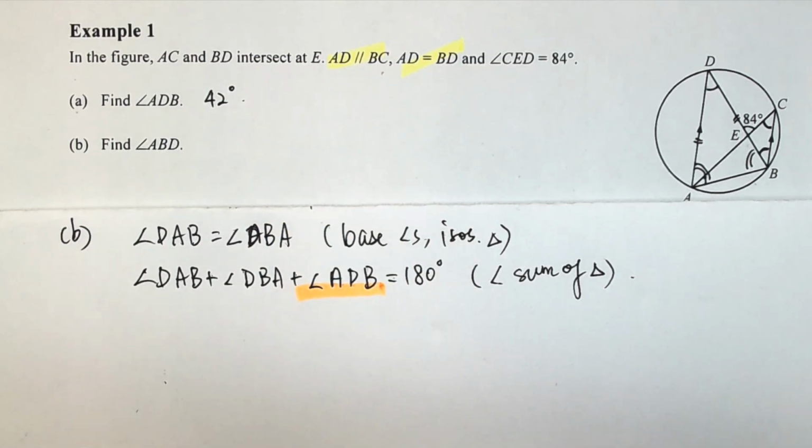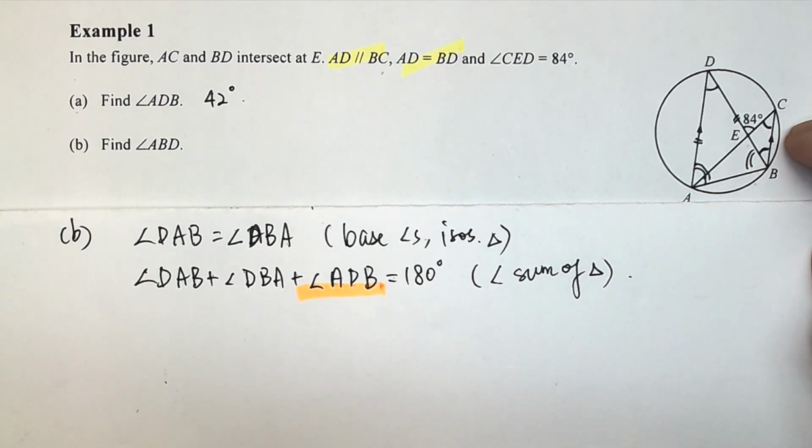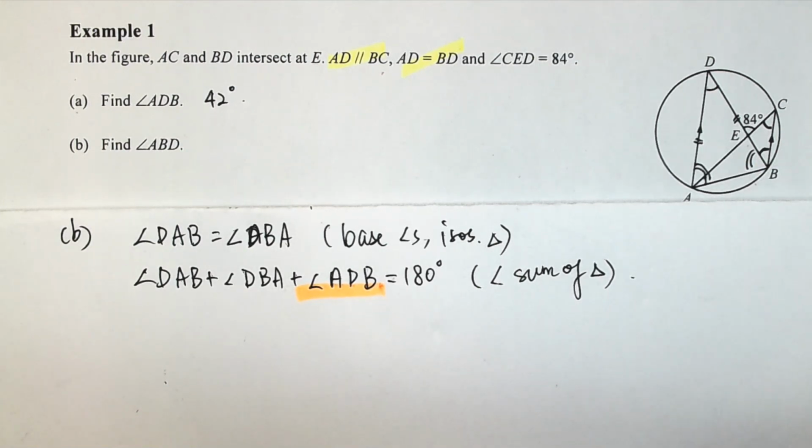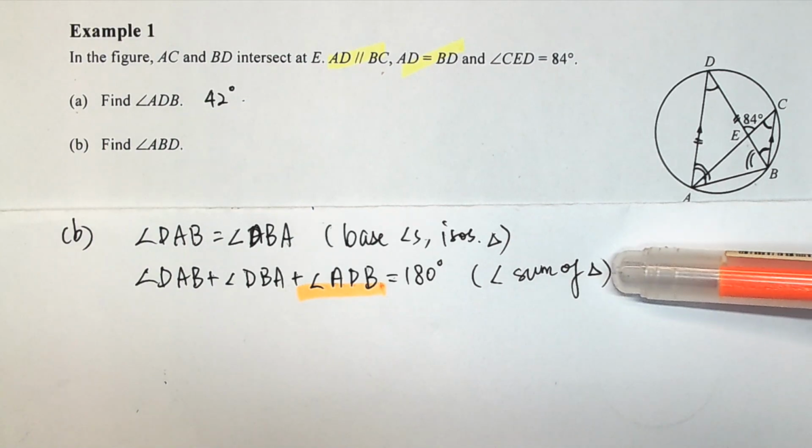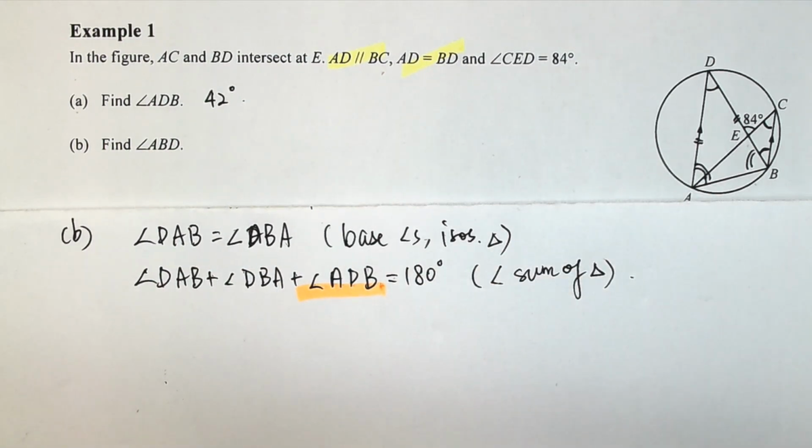But then the reader may not know which 42 degrees you refer to, because angle ADB is 42 degrees, angle ACB is 42 degrees, etc. So bear in mind when you write the reference here, all angles or sides should be in their original form.